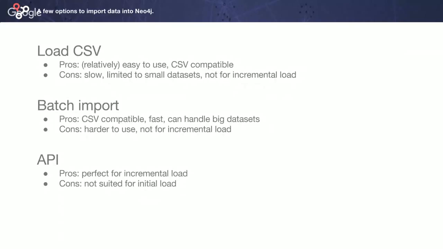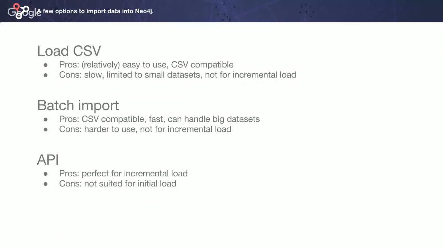It does have some drawbacks. The first one is that it's relatively slow compared to other options, and best limited to small data sets, really. It also doesn't handle very well the needs of incrementally updating a graph in production.